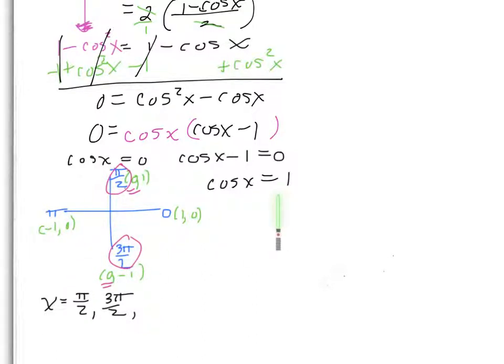Which ordered pair has an x value of 1? Yeah, this is the only one that has an x value of 1. So that means that I have an additional answer here of 0. This time I only had 3 values for x.